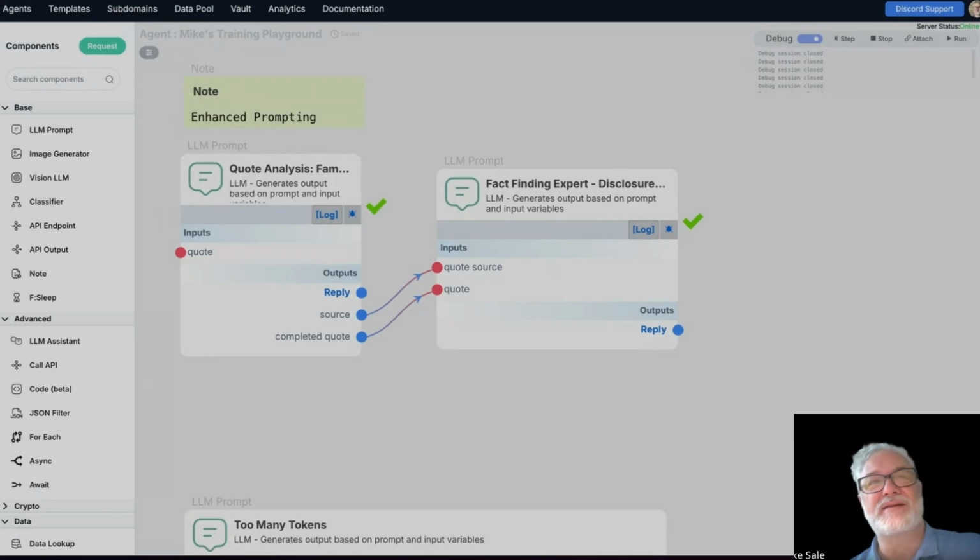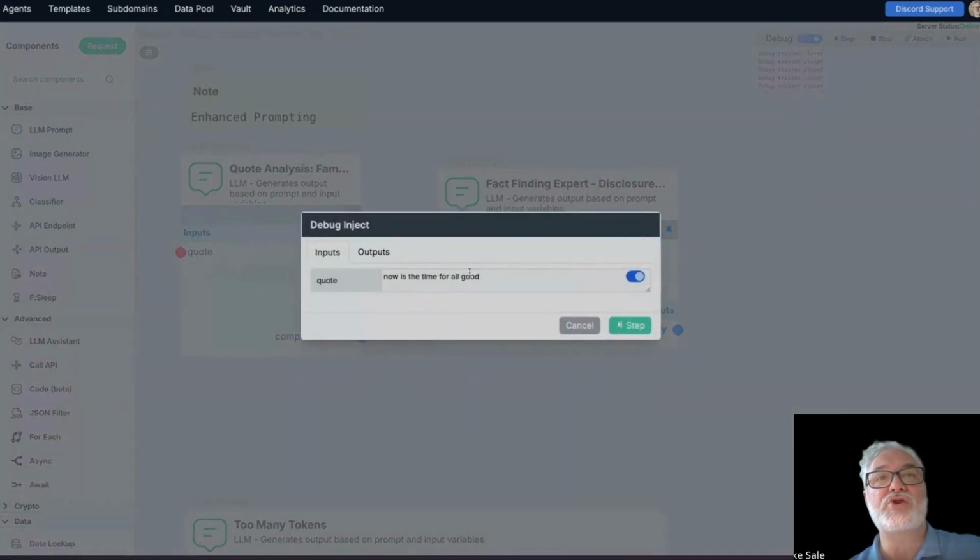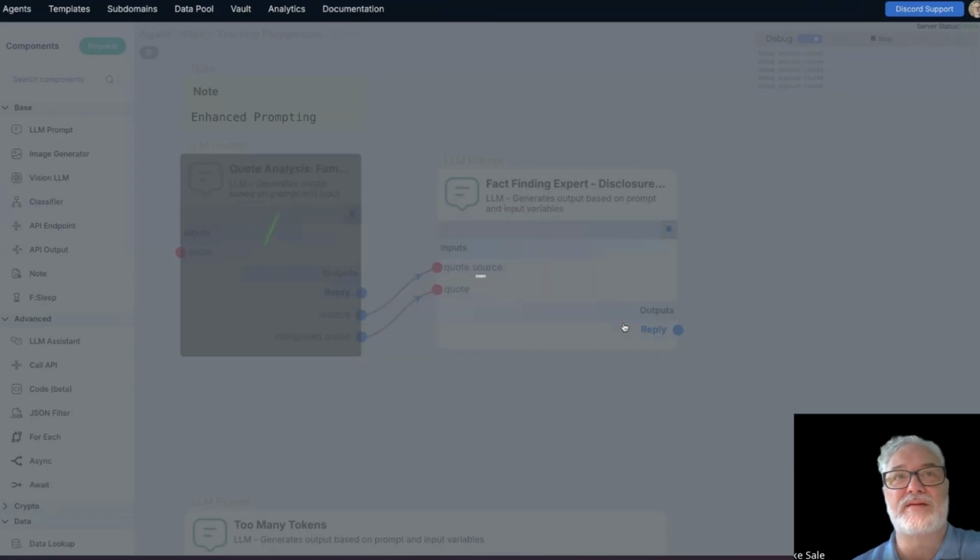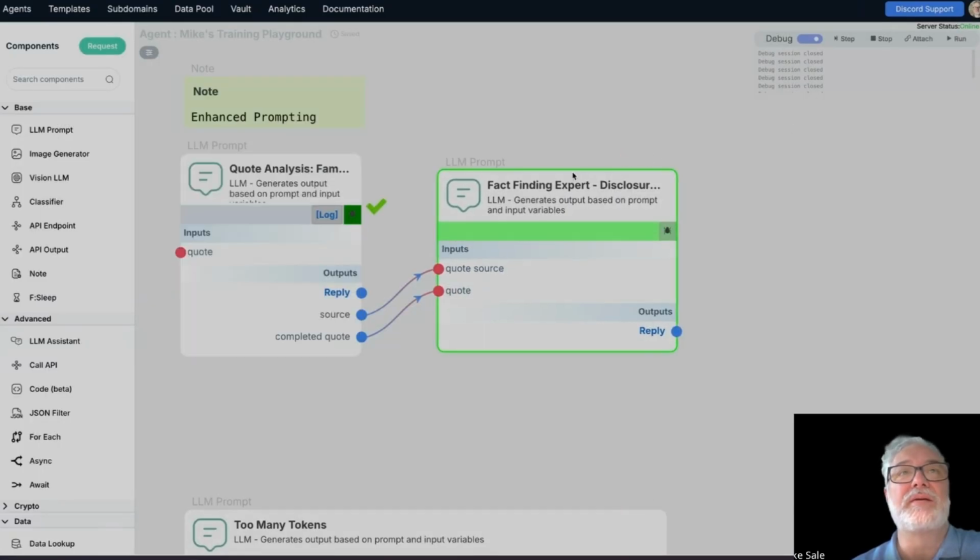So first of all, let's go into here, and what we want to do next, we're going to change this, and we're going to give it just "call a spade a spade" and see how that does first. Did it give us a good one? Yep.